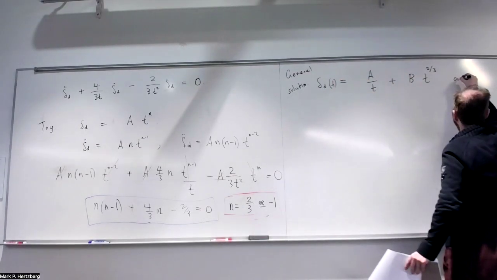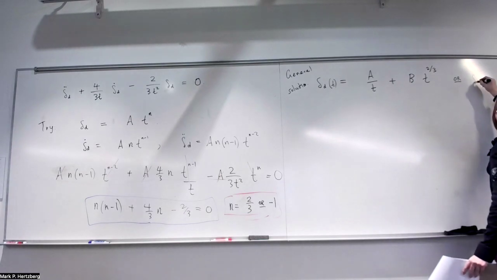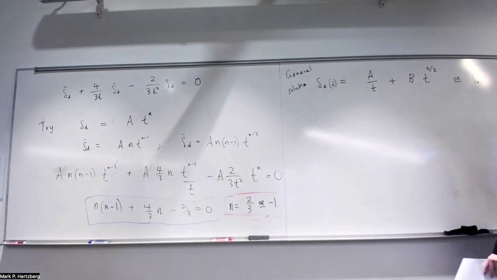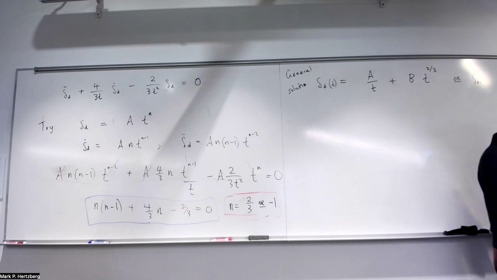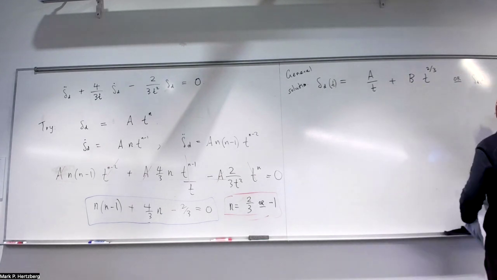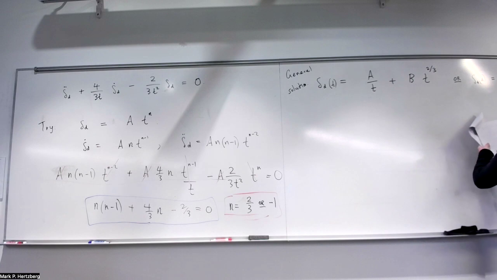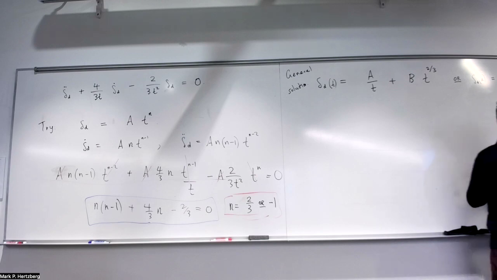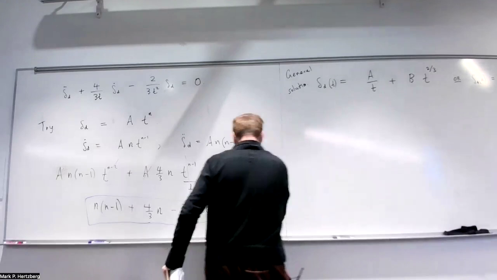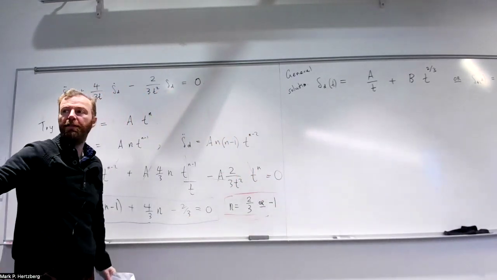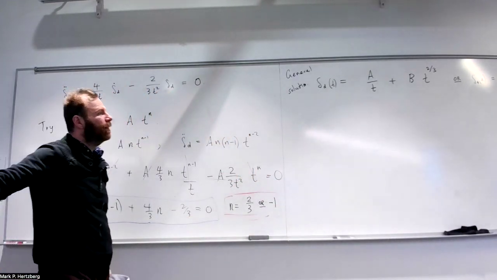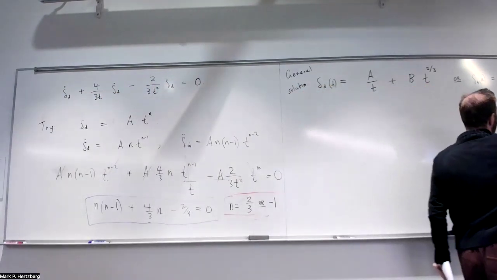Or, as we'll often do, we'll write it in terms of the scale factor. We just remember that a is proportional to t to the 2/3. So this becomes, after a rescaling, a twiddle. The growing mode here is actually proportional directly to the scale factor itself. t to the 2/3 is in fact a.